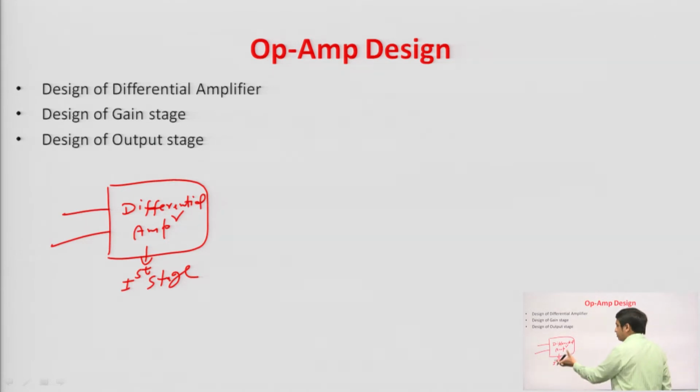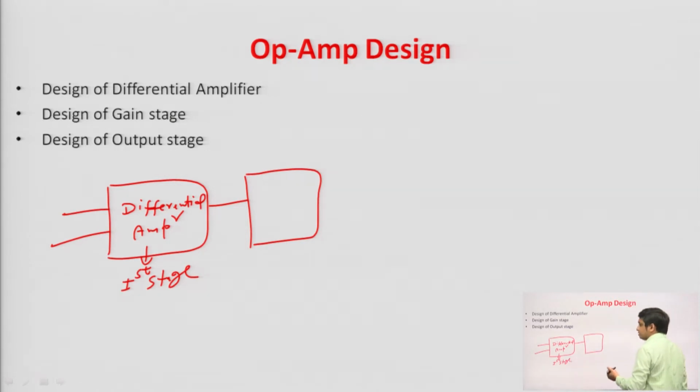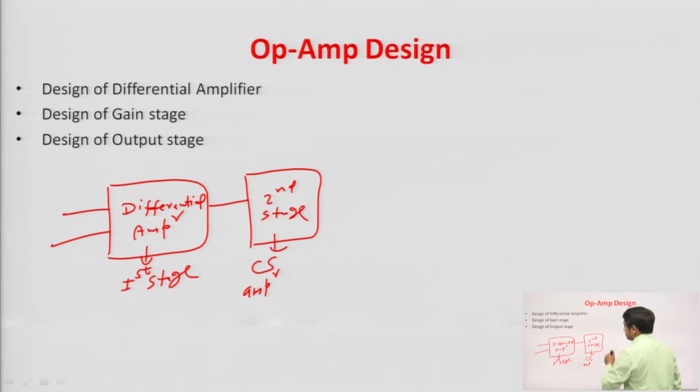That is why normally the first stage we design is the differential amplifier, and after that to get higher gain we can connect an additional stage at the output of this differential amplifier, that is the second stage. We can use this second stage, for example, a CS amplifier, common source amplifier, to get the higher gain. Then we can further connect one more common source amplifier if we want more gain.